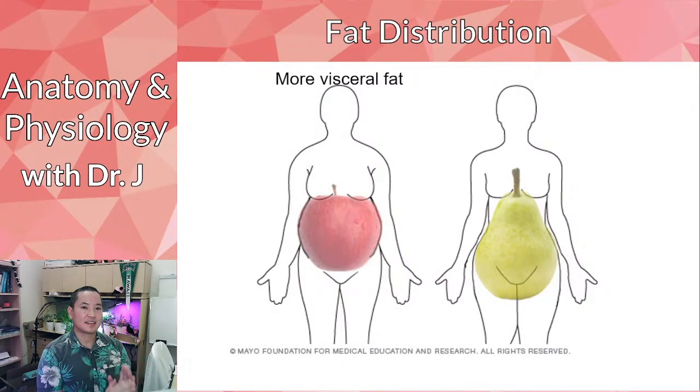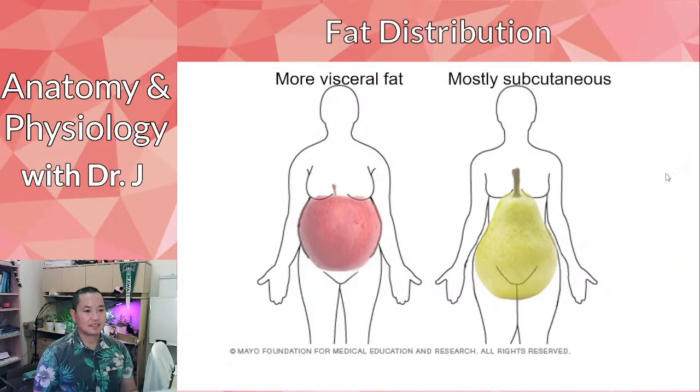So these people tend to accumulate fat around their organs, including the heart. People with the pear-shaped fat distribution tend to have subcutaneous fat. So it's not really about the organs, but more about the limbs and having fat underneath the skin and dermis.